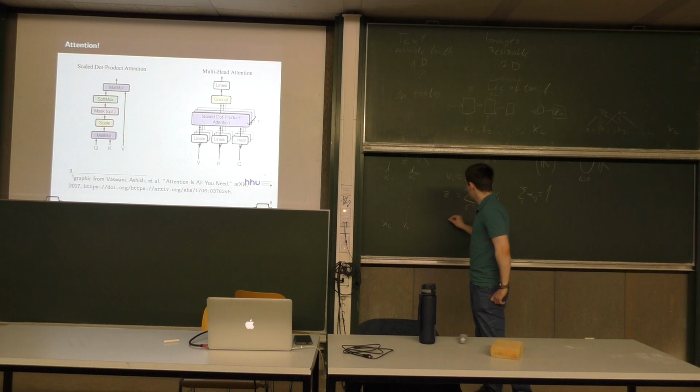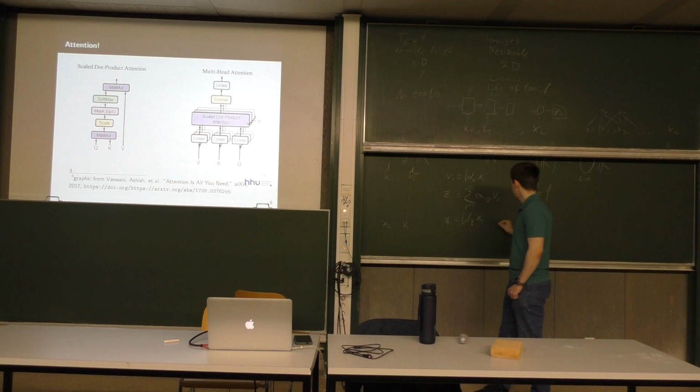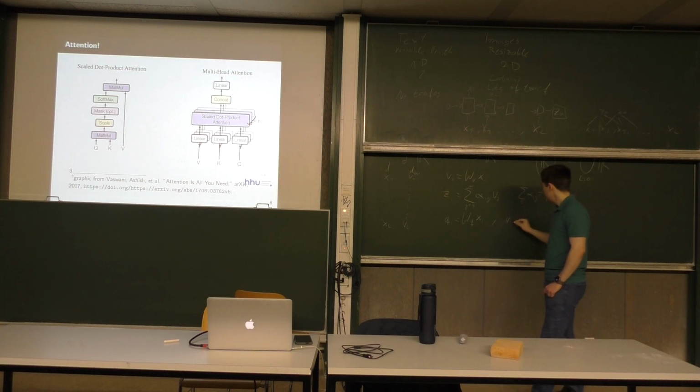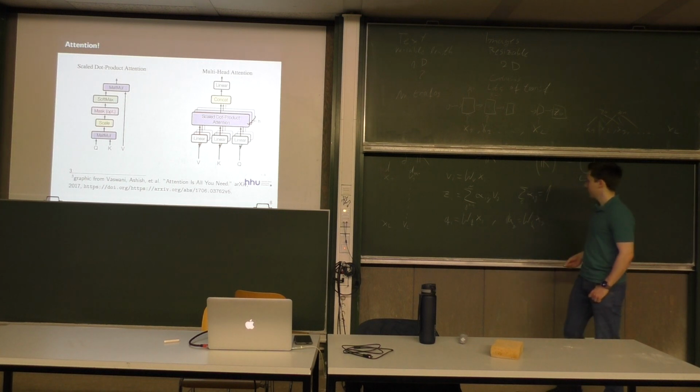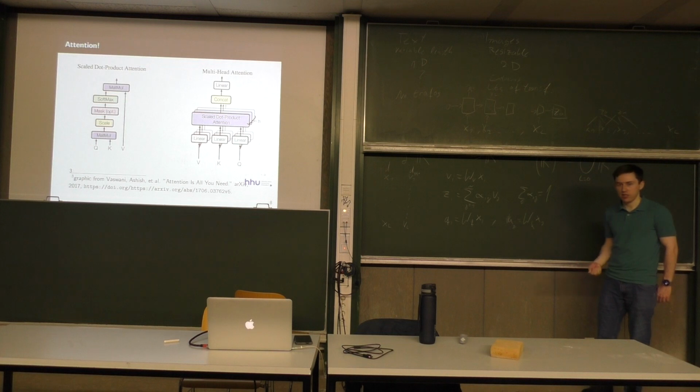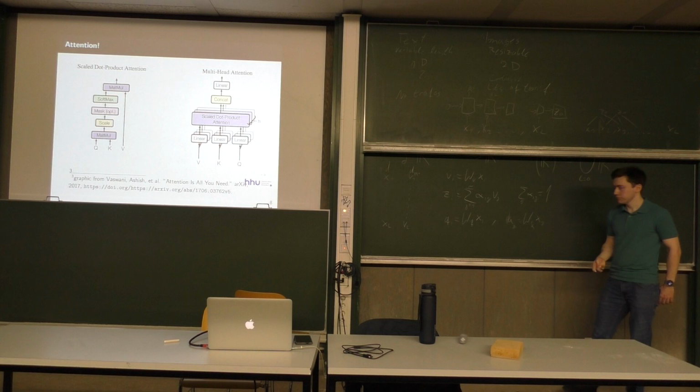So we compute the query Qi, which is the linear transformation WQ times Xi, and the key Kj, which is equal to WK times Xj. So we have 3 matrices in our attention mechanism: WV, WQ, and WK.